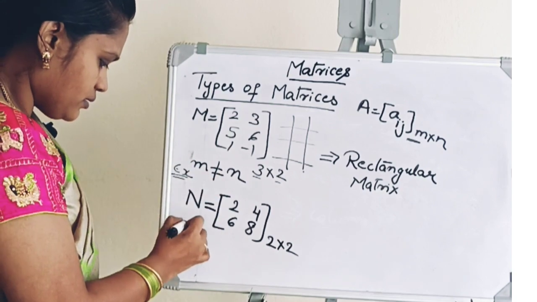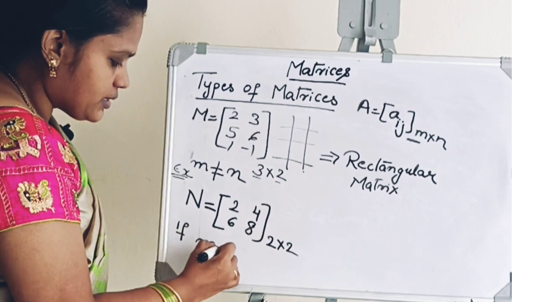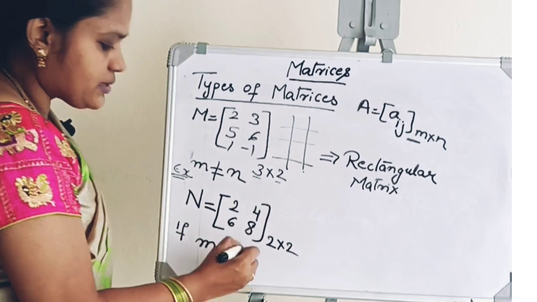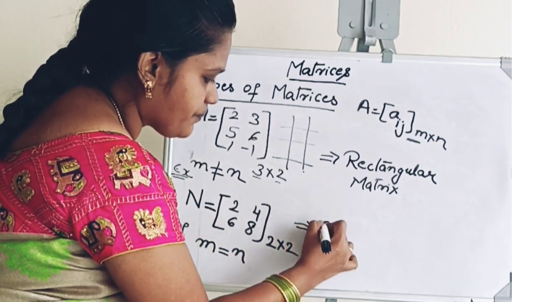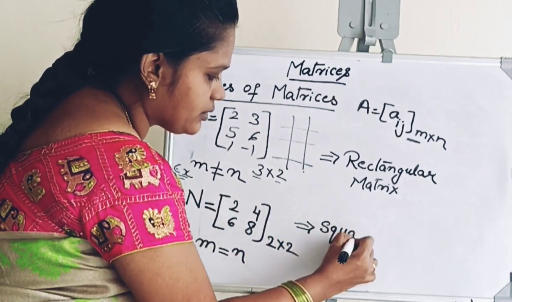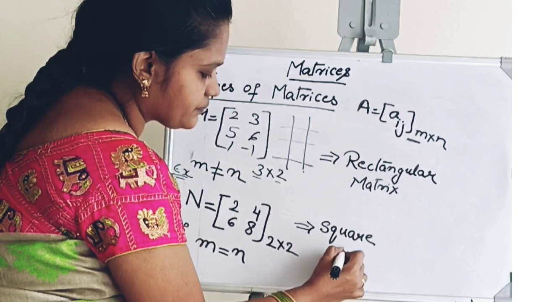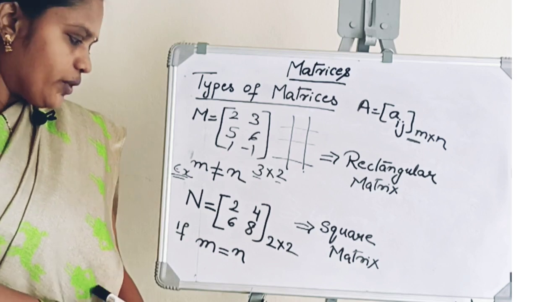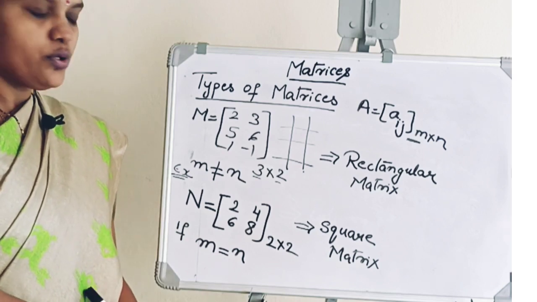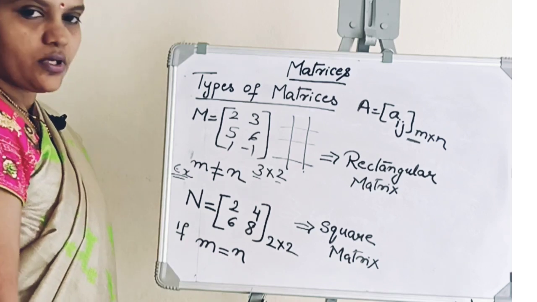If number of rows is equal to number of columns, then we call such matrices as square matrix. Such matrix we call it as square matrix, where the number of rows is equal to number of columns. Okay.